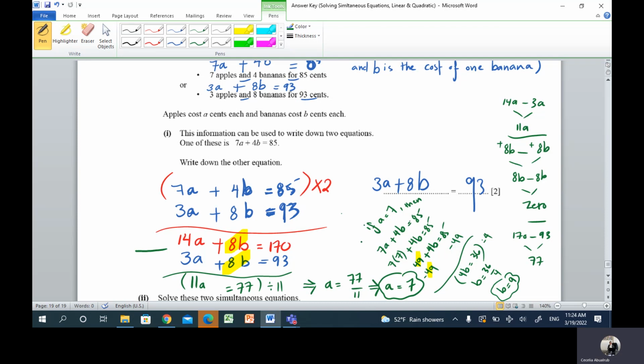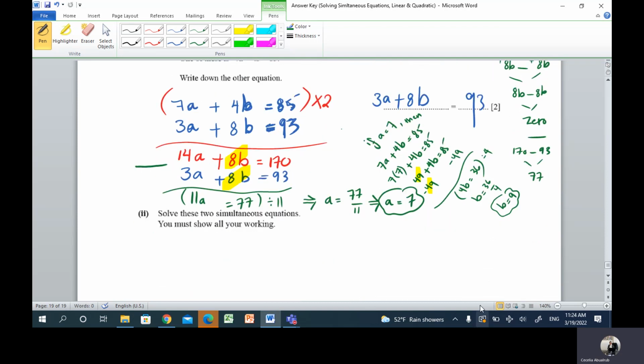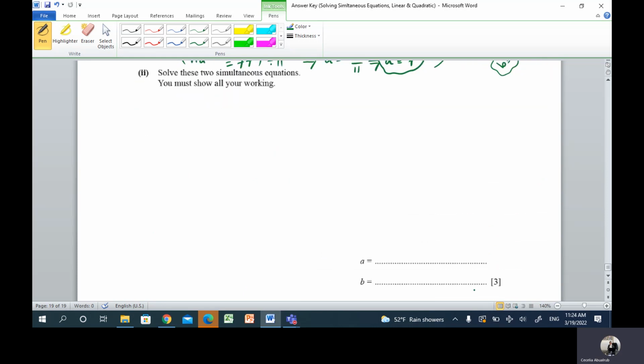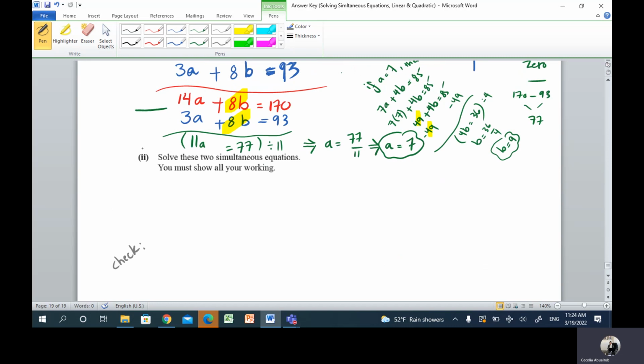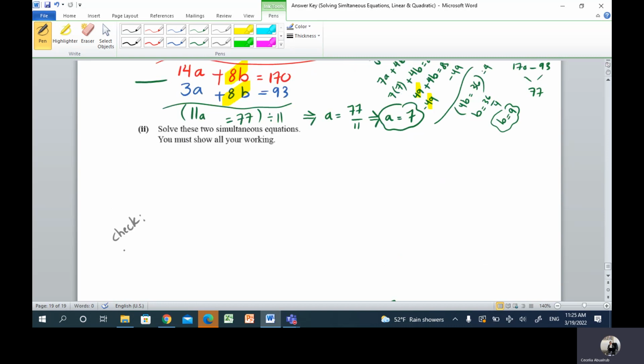I'm trying to use the space as much as I can. Okay, so we found a as 7 and b as 9. And as I explained earlier, we can always do the checking. So check here. So the first equation, or we can take the second equation, 3a plus 8b is equal to 93.